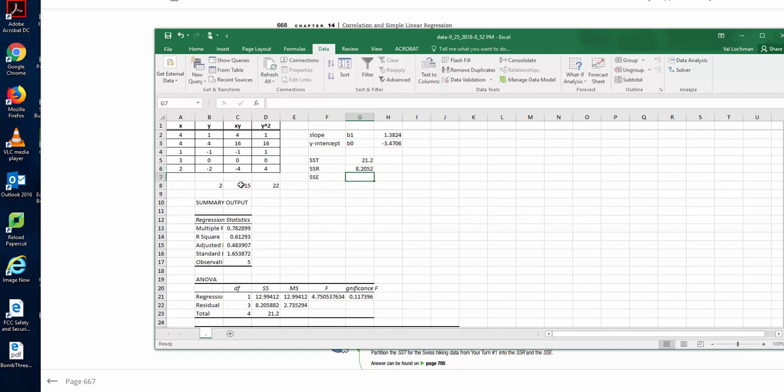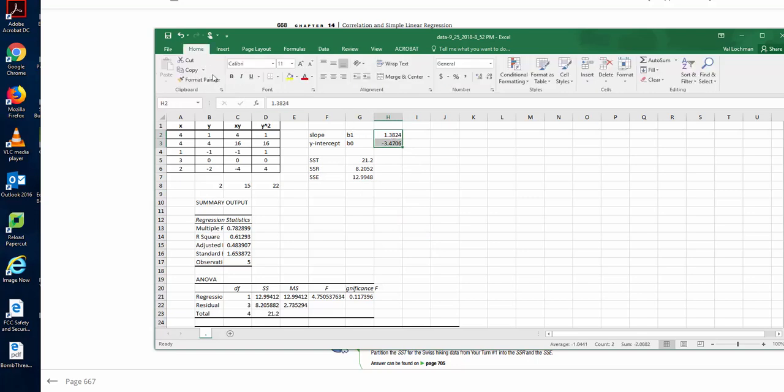Okay? And there you go. And then what's the relationship between these two? Okay, they add up to SST. So which means the last quantity, I can just say the bigger one minus the smaller one. That should be the answer. Okay, so these are the answers that we need to plug in. Go ahead and highlight them and see if we've done our computations correctly.